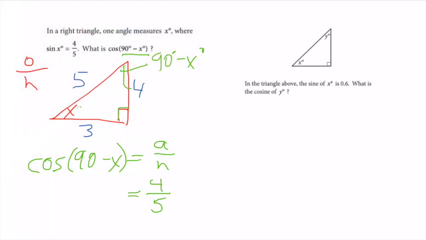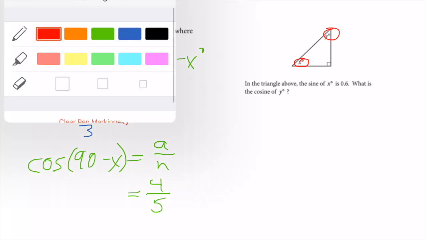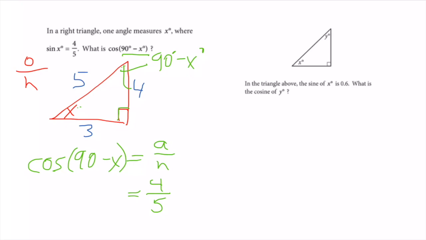So in the triangle above, the sine of x degrees is 0.6. What is the cosine of y? This is almost the exact same question. The sine of this angle and the cos of this angle are going to end up giving us the same thing. But just to recognize it, I'll go through it again. Sine x degrees equals 0.6.